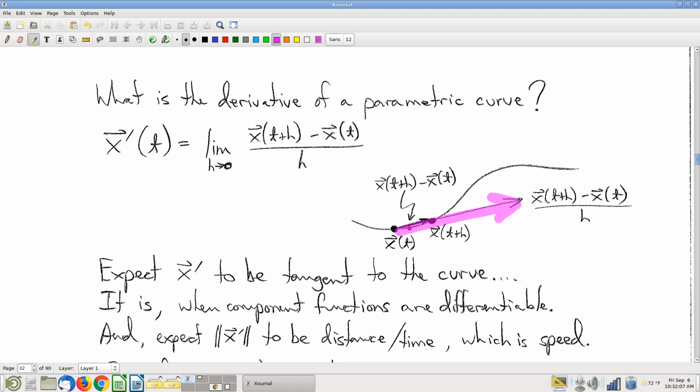But what's the meaning of its magnitude, right? Does this magnitude, which one of these is it and why? How long is this? What does that have to do with what's going on geometrically or physically? And that's another nice little argument that we can make. Let's look at what happens when we take the magnitude of this expression. And I'm going to gloss over a formality here. Forgive me.